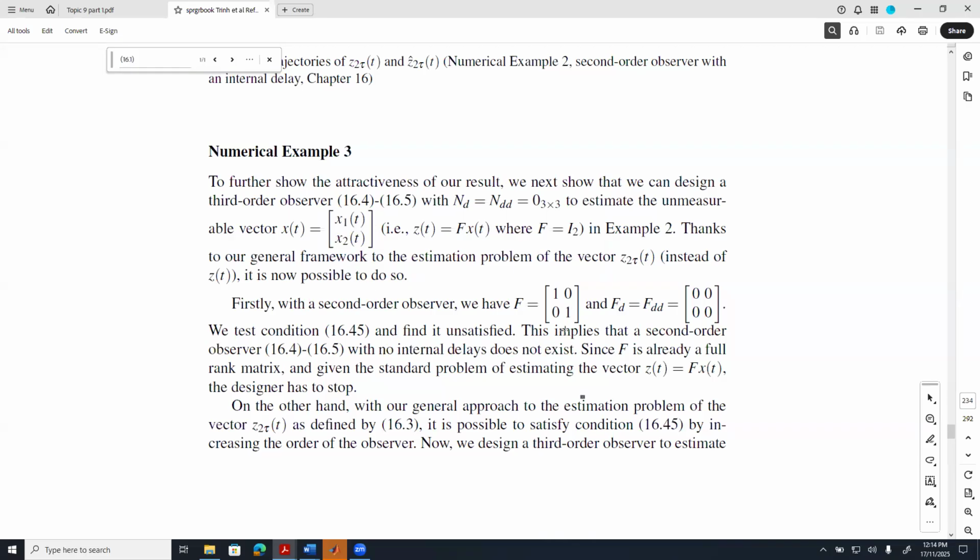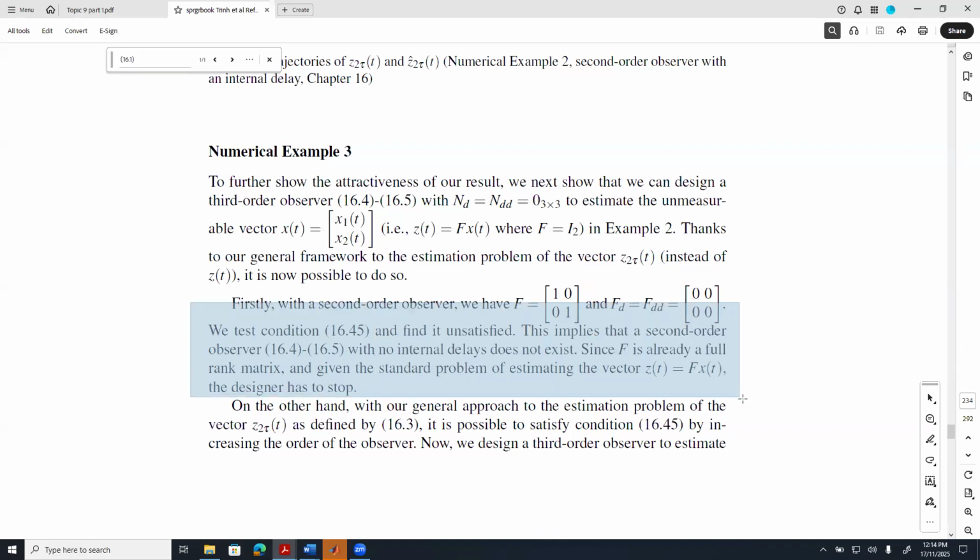And the problem there is because F here is already a full rank matrix, okay? Just like we discussed before. If we don't employ any extra freedom in these matrices, and if we keep increasing more extra rows in there, it doesn't work. And this is where the issue is.